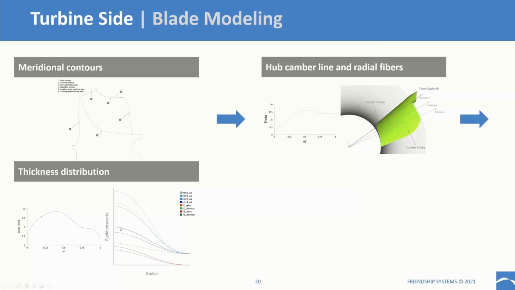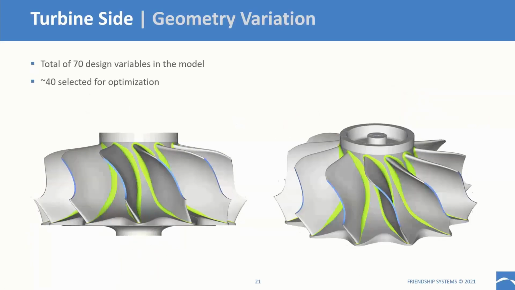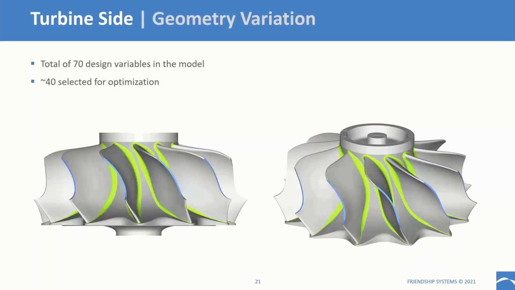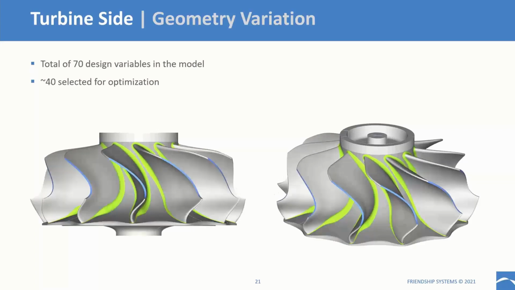If you look at these parameter distribution graphs, you see obviously we start with high values for thickness at the inner radius, and then we get thinner, and some of those points converge to the same value, so that we just have a constant thickness, and this will give us the blade surface. On the turbine side, we had a total within the model of 70 design variables, and 40 of those were selected for the optimization process.